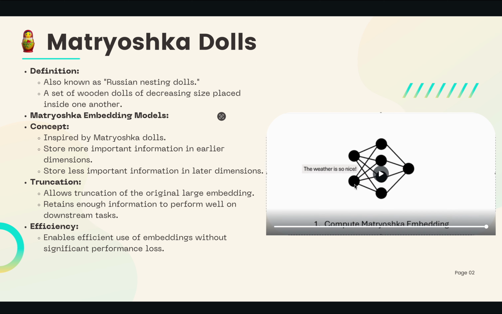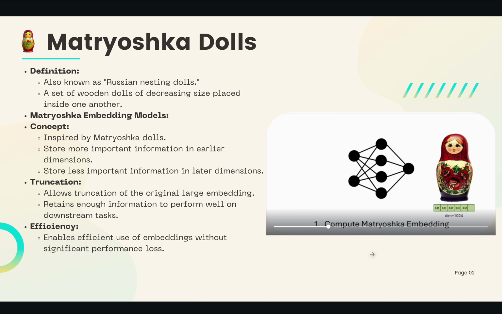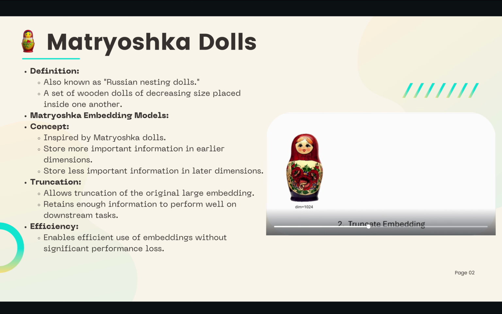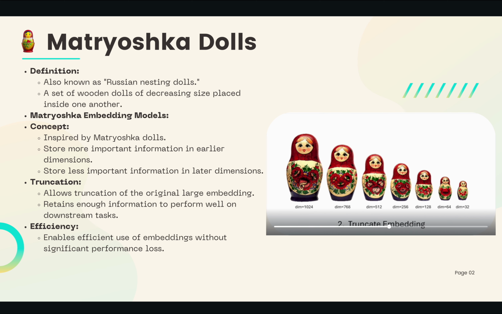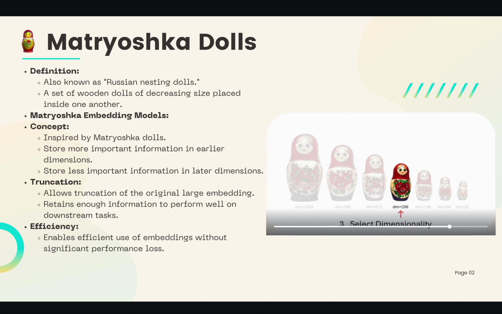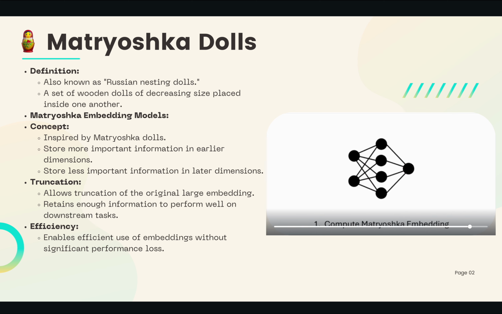As we can see now, we have the sentence that computes the Matryoshka embedding, and now we can split it by truncating, and we can use whatever dimensionality we want, and perform other tasks.